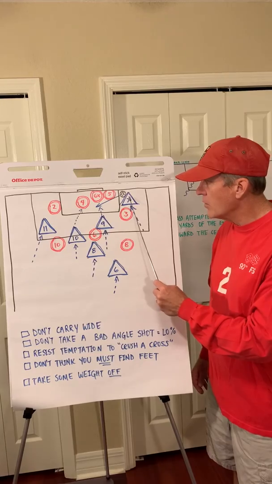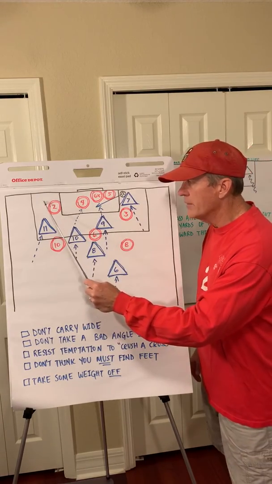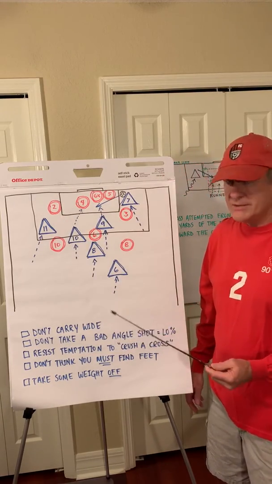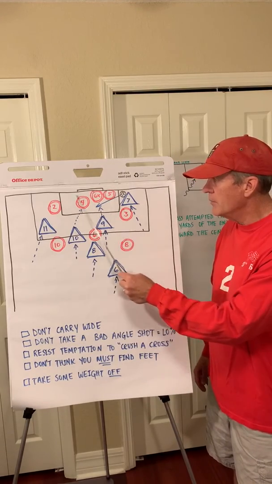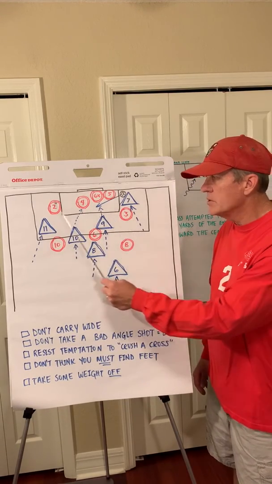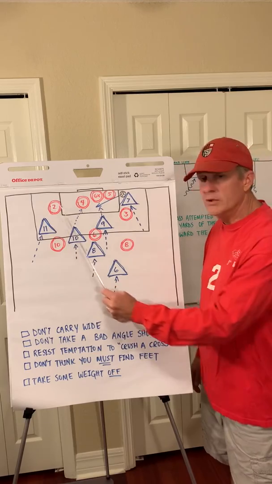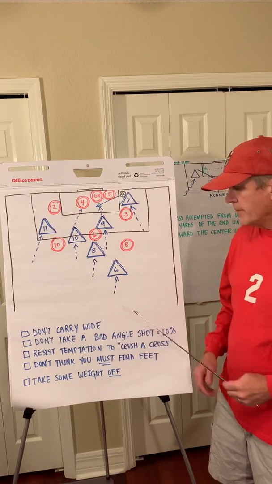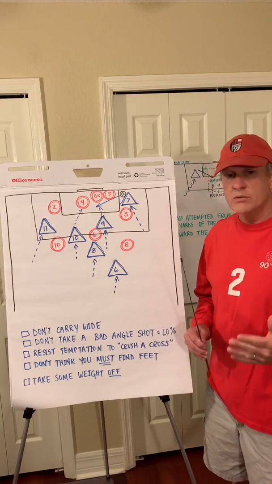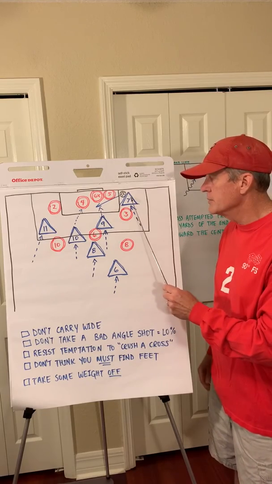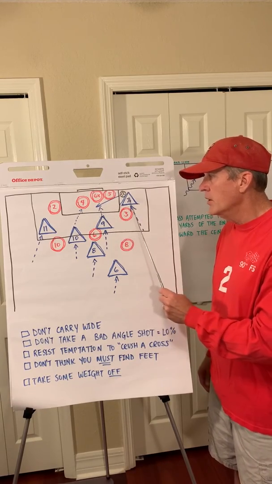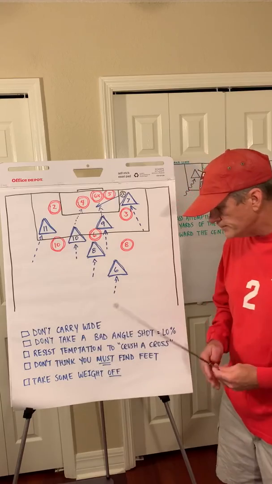And we crush that cross square across the goal mouth. Okay, well, a lot of times that doesn't do any good because you've got so many opponents here, and then we put too much weight on it and it just flows through the entire 18-yard box. So don't make those 2 common mistakes if you get the ball in this position: the bad angle shot or just crushing that square across.